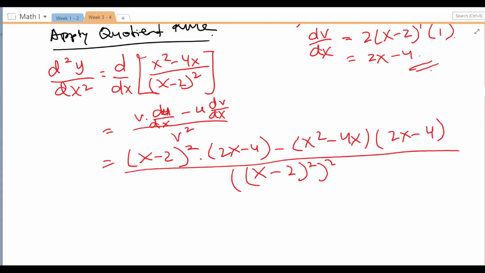If you do this correctly, by doing all the multiplication, you should get (x − 2) raised to the power of 4 in the denominator, but it will get cancelled.